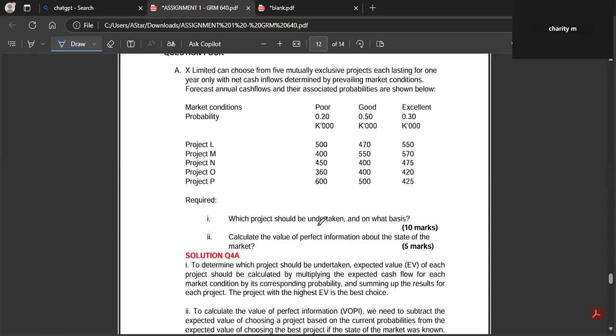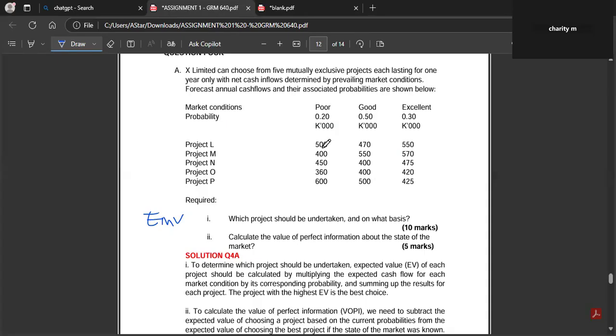Which project should be undertaken and on what basis? So I want you to use the EMV. Let me just do project L, then I'll give you 5 minutes to do the other ones. Is that clear with you?